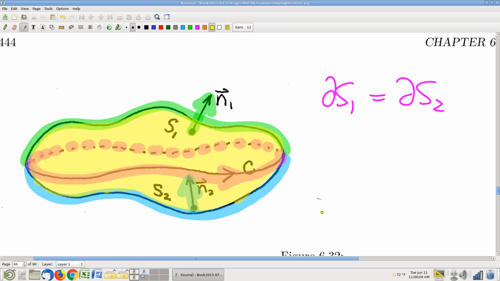Right, there's that solid. Let me call that R for no particular reason. So the boundary of R consists of those surfaces S1 and S2.